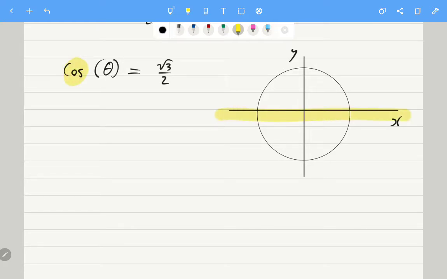That's the x-axis, and we're looking for root 3 on 2. So, let's think about where we'd put these. Well, a half's about there. 1 on root 2 would have to be a little bit further along, and root 3 on 2 would have to be even further along. So let's draw an angle about here.